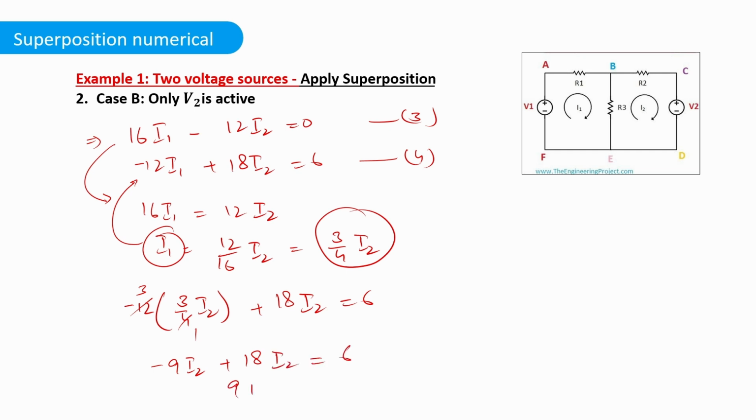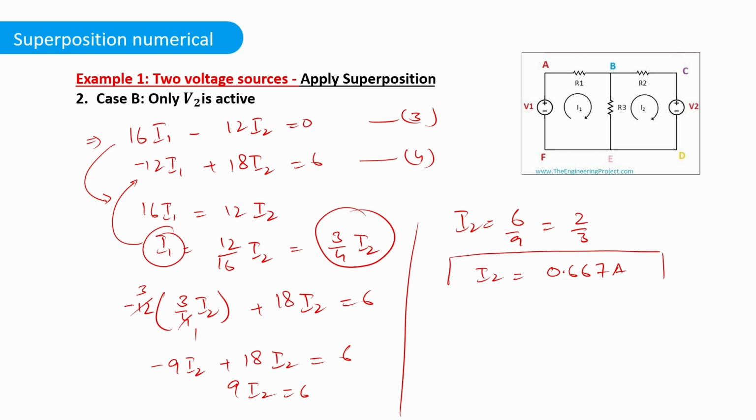So this becomes 9 I2 equal to 6. Let's solve it over here. I2 becomes 6 by 9, which is 2 by 3. So the value of I2 is 0.667 ampere, right?